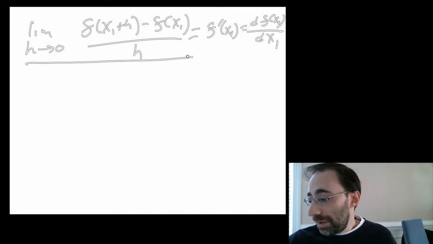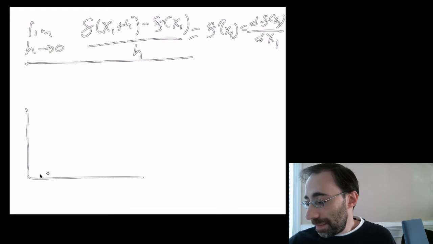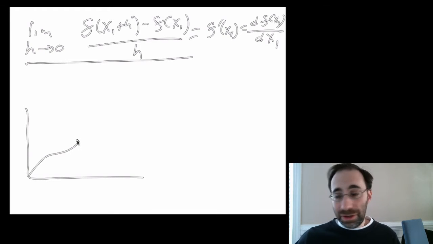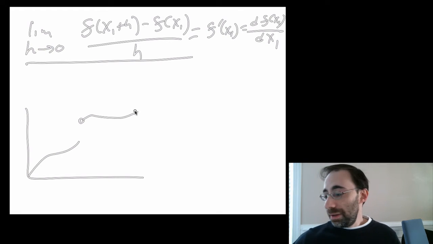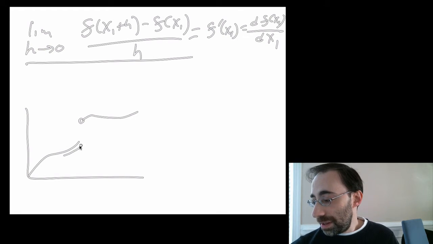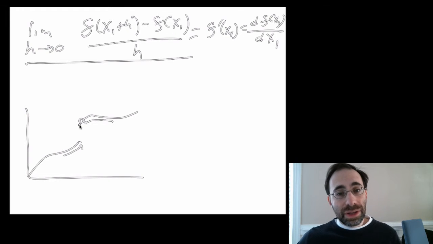So if I have some function like this, you think back to continuity, this function over here wasn't continuous because the limit of the function coming this way is this point here, but the limit of the function coming this way is this point over here, and they're not the same point, so the limit doesn't exist at that point.